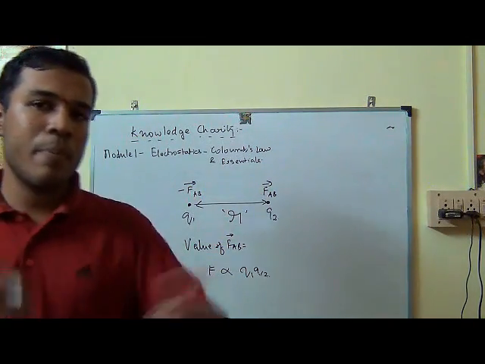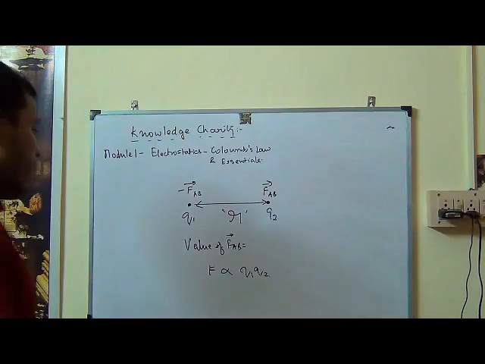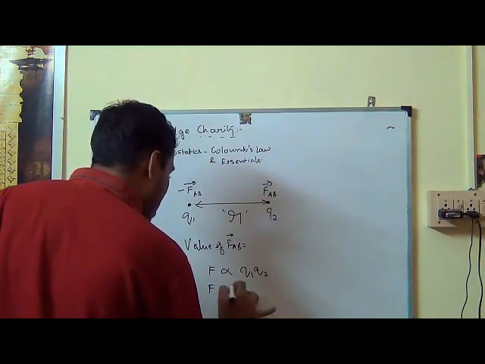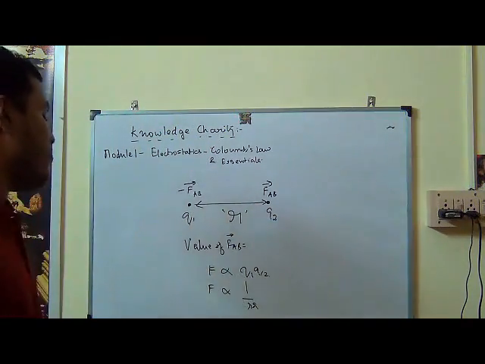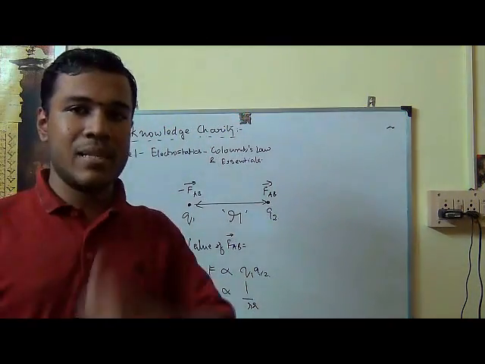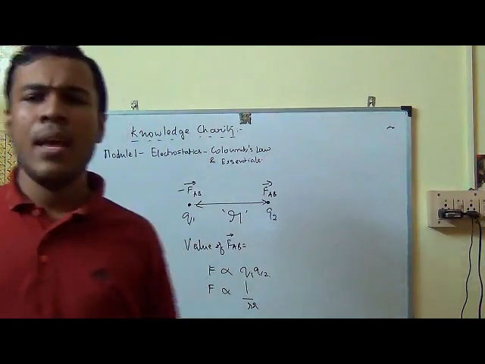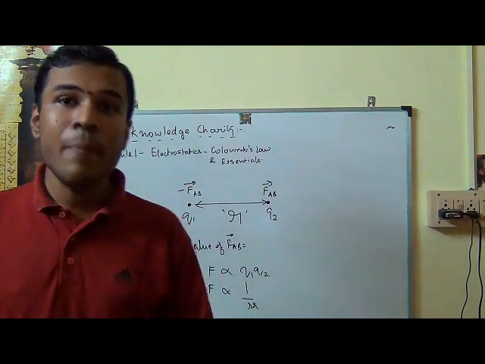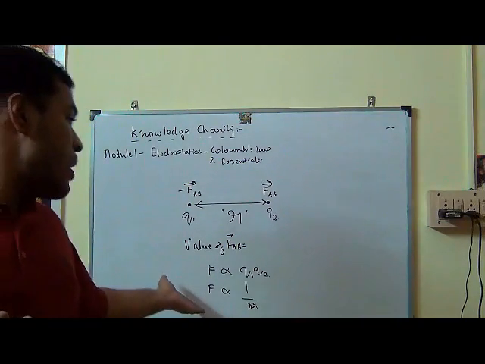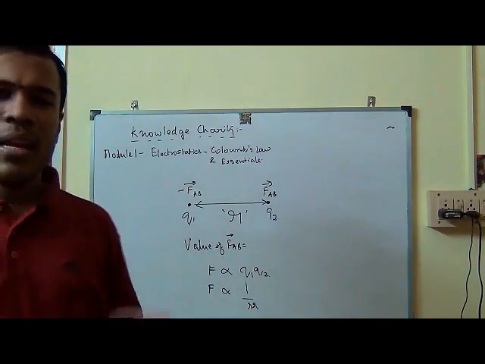That is what we mean by proportionality. And it is going to be proportional to the reciprocal of the distance, the whole square. Reciprocal means 1 by distance. Distance is r, we have said. So the reciprocal of the distance squared is the proportionality of the force. That is very simple, no?